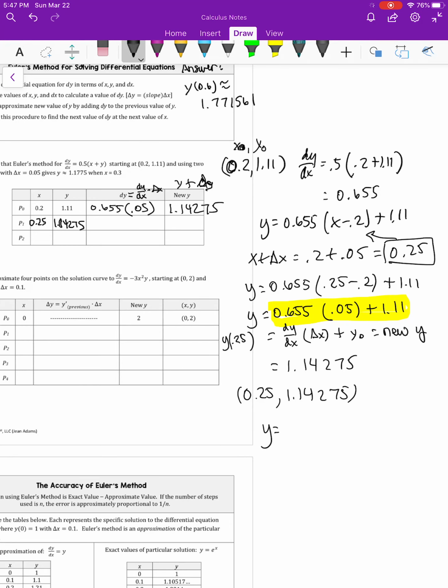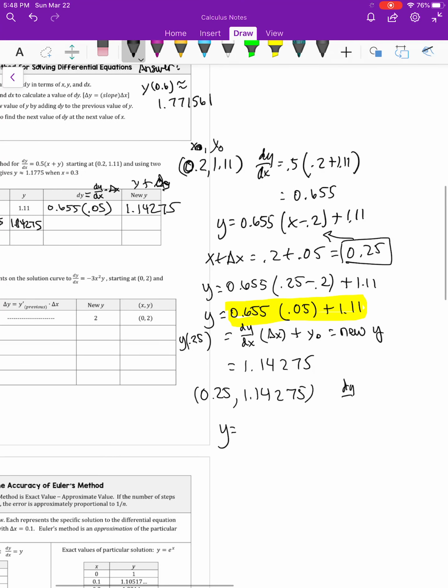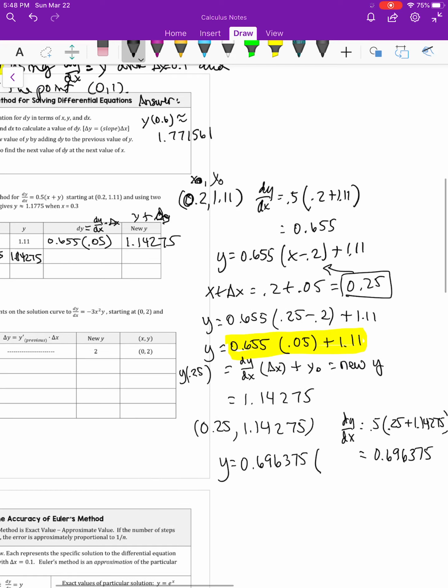So our slope, our dy dx, for this particular problem would be 0.5 times 0.25 plus 1.14275, and our dy dx then would be 0.696375. And so 0.696375 times this would be our x minus 0.25.